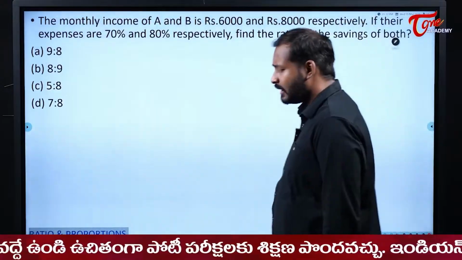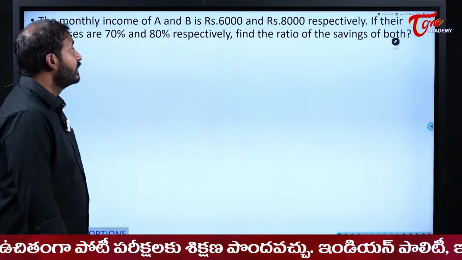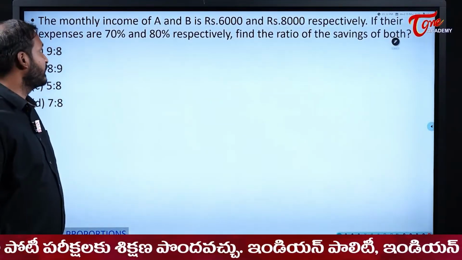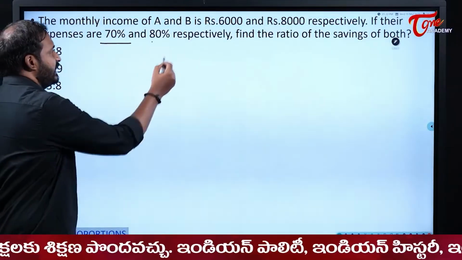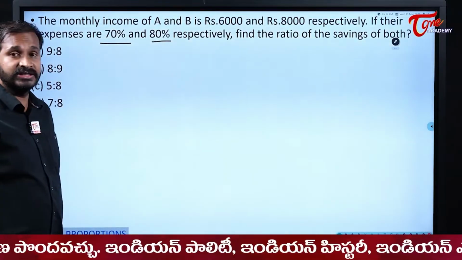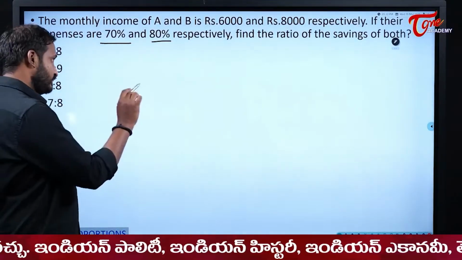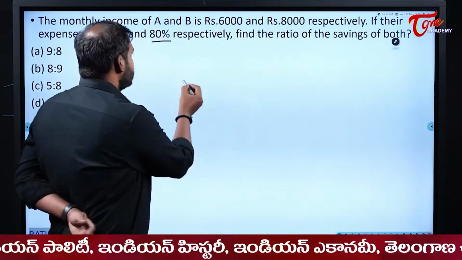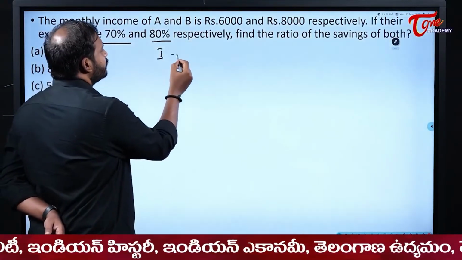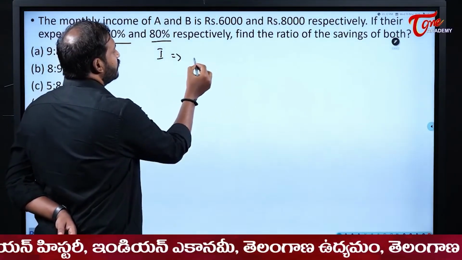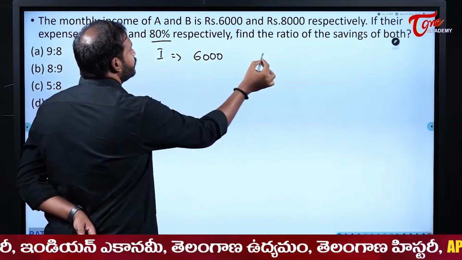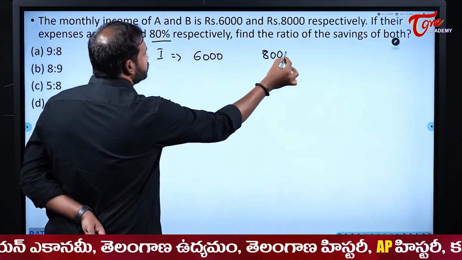Next one. The monthly income of A and B is 6,000 and 8,000 respectively. If their expenses are 70% and 80% respectively, find the ratio of savings of both. See here students, what happens to their incomes? 6,000 and 8,000 are their incomes.